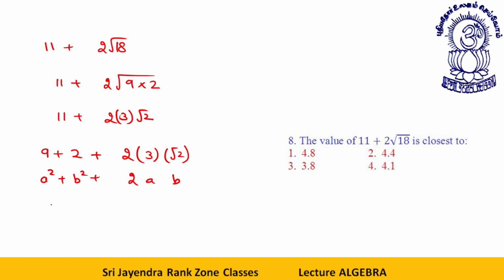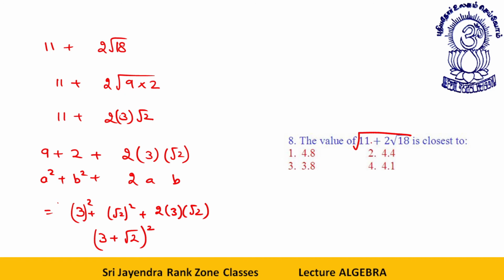So we can say the given expression is 3 square plus root 2 square plus 2 into 3 into root 2, or (3 plus root 2) square. This is the expression.